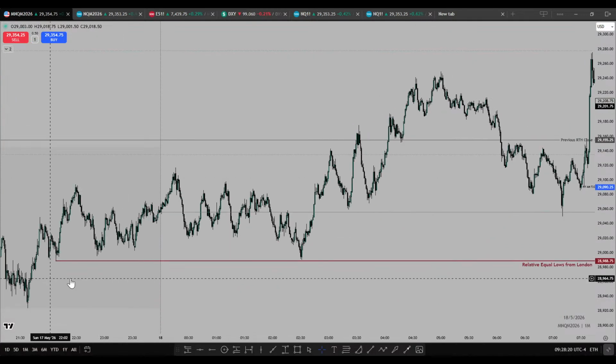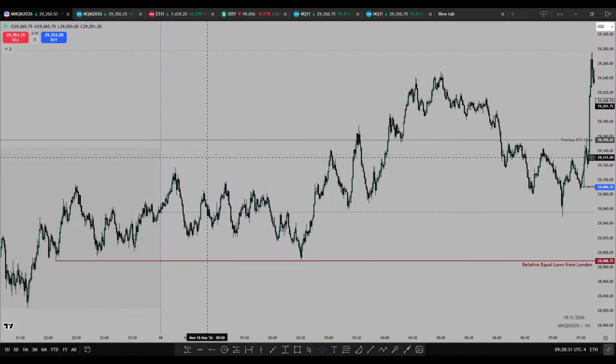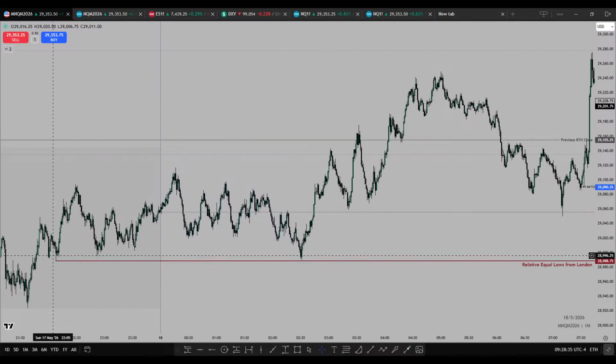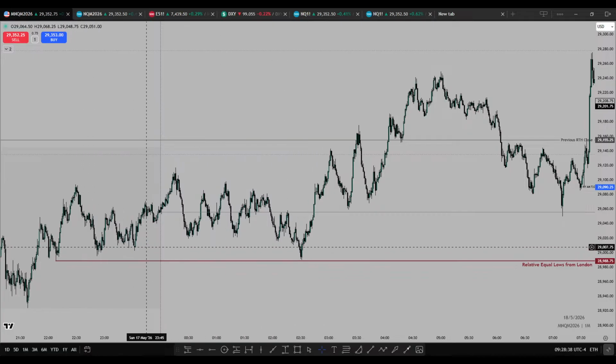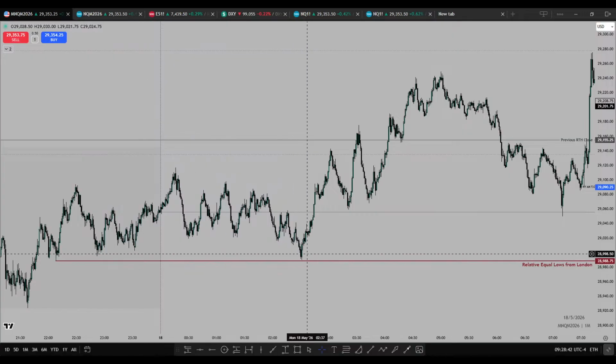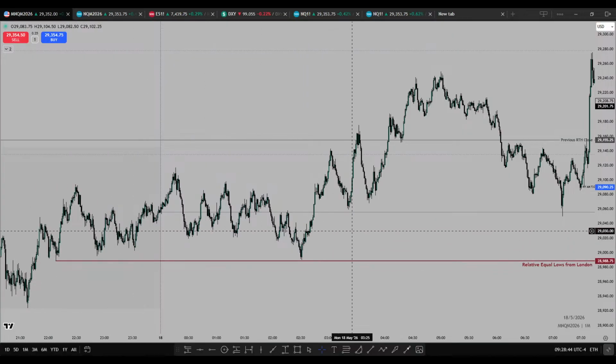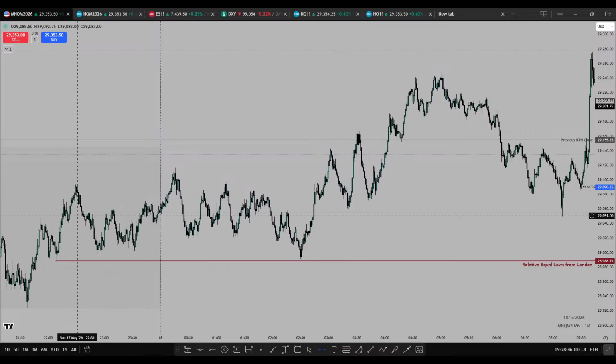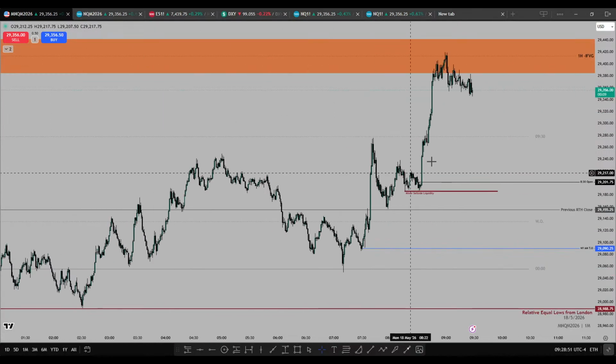And we have these relative equal lows here as well. Everything is relatively equal in here, because retail is going to look at this area as a safe room to go long, because they'll be like, okay, this is not breaking the support, you see they're not breaking the support, it will go up.